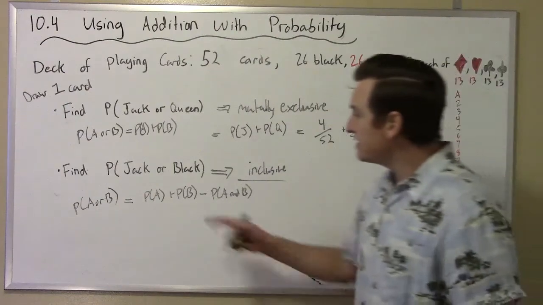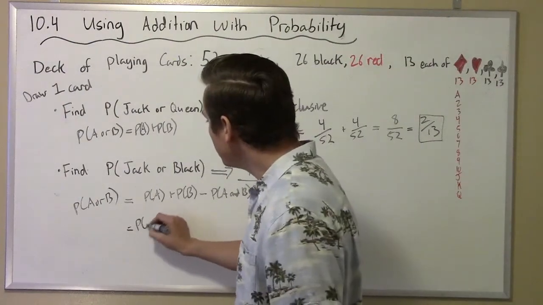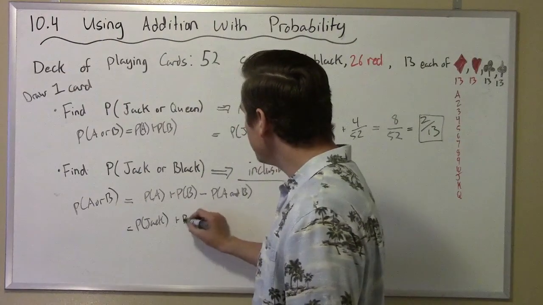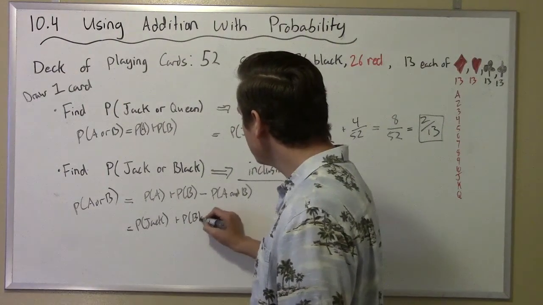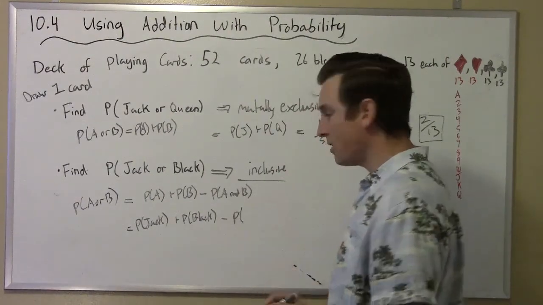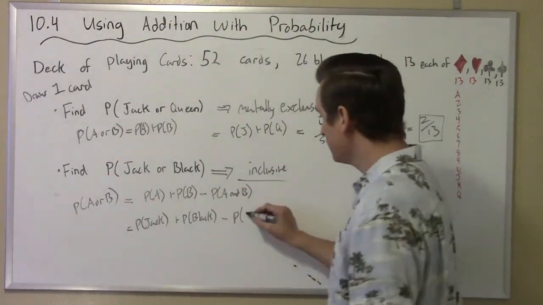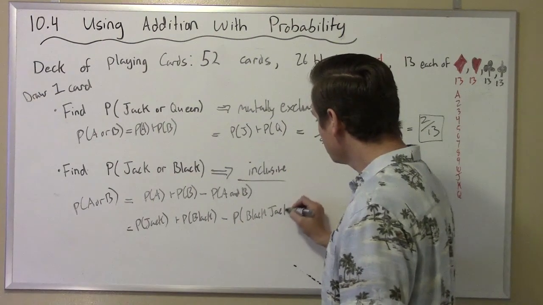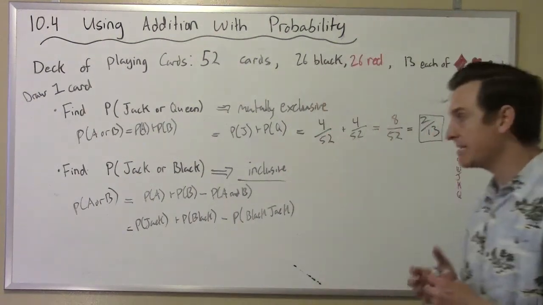Probability of A in this case would be the probability of jack, and then we're going to add the probability that we pull a black card, and we're going to subtract the probability that we pull a black jack. Okay, that it's black and it's a jack.